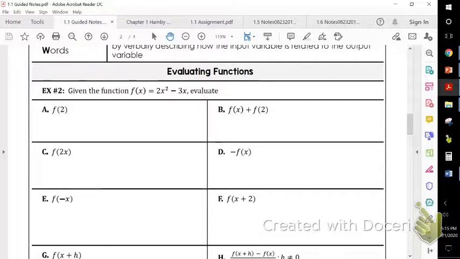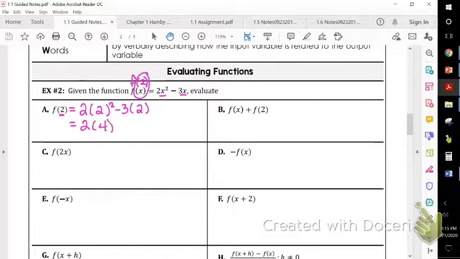All right, so notice for A, we're looking for f of 2. Well, they gave us f of x equals, and instead of the x, we now have a 2 there. So that means everywhere over here, we're going to replace that with whatever's there where the x was. So for this one, we're going to take the 2x squared minus 3x, and we're going to plug in 2 where all the x's are, and then we're just going to work this out.